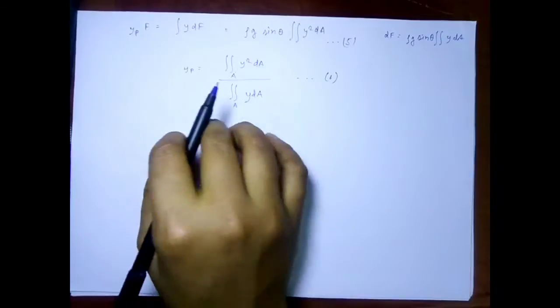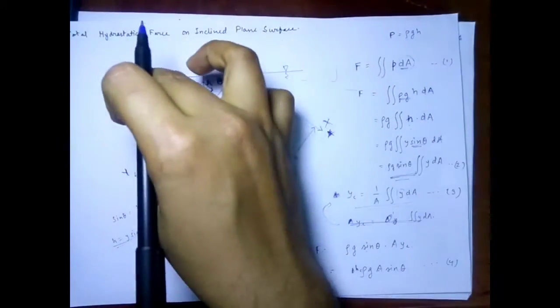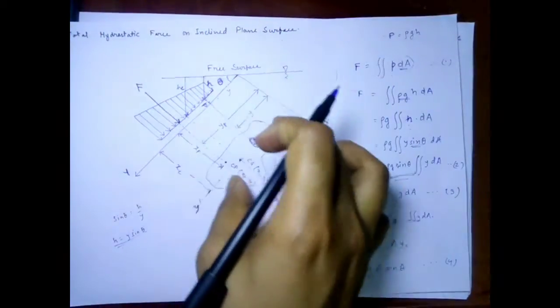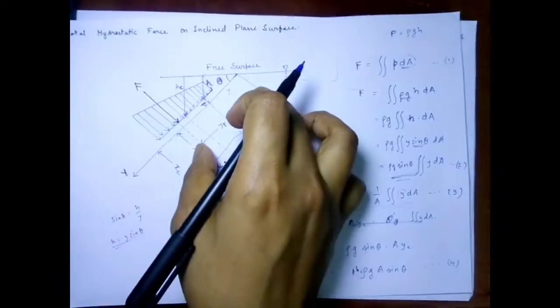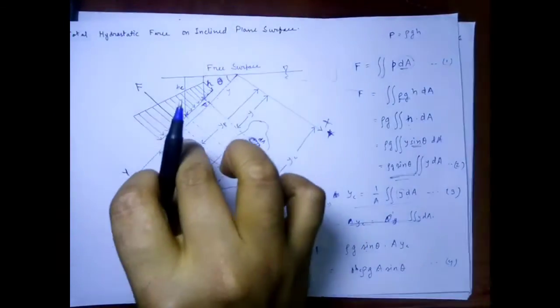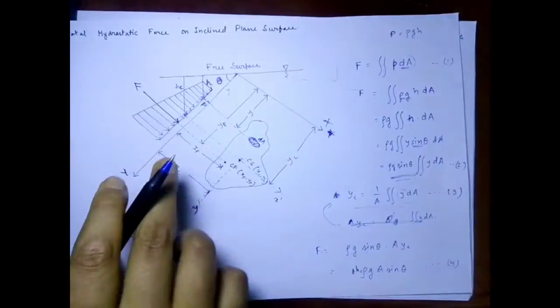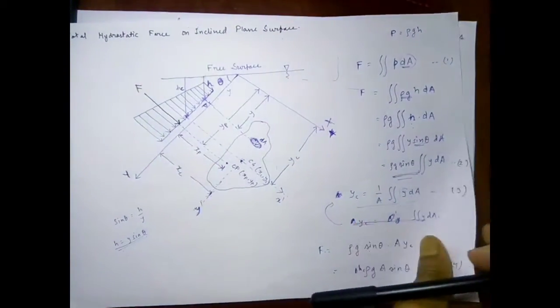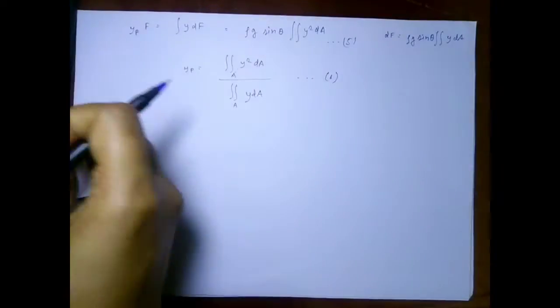In the same manner, if we now consider the y-axis, as before it was F times yp, now for the x-axis it will be F times xp.